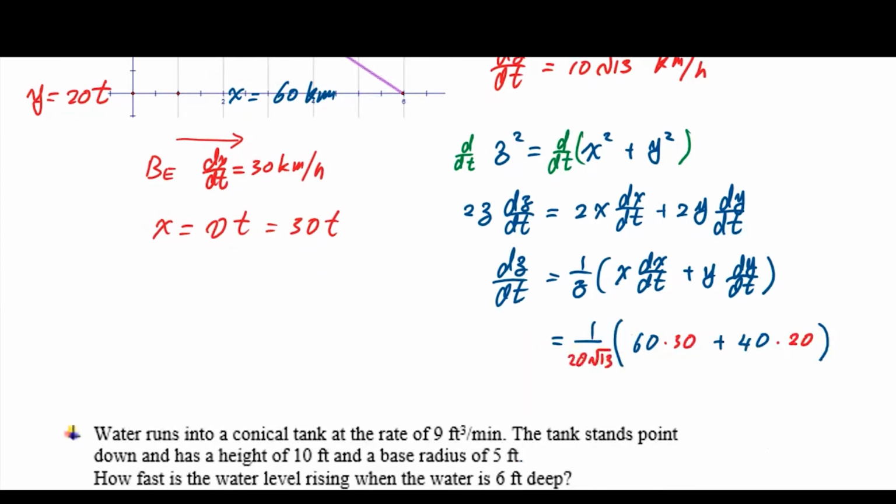Can somebody compute this to verify we get exactly the same thing? Okay. I'm pretty sure they give you the same thing, right? Might have to rationalize the denominator a little bit, but other than that. Good.